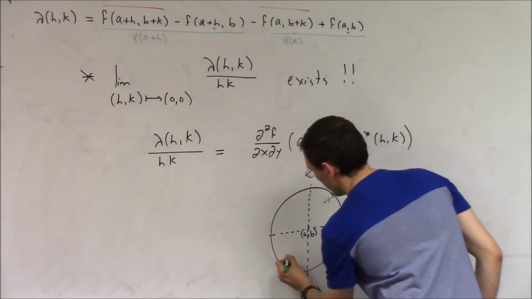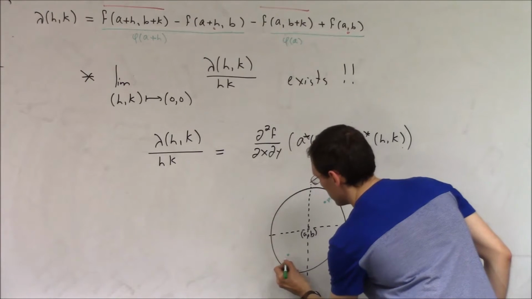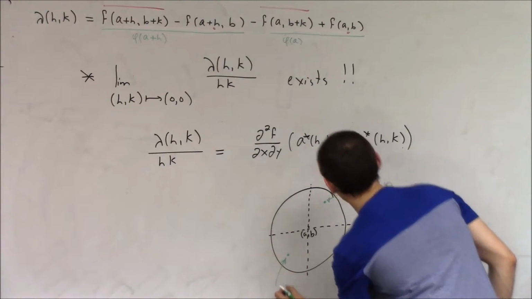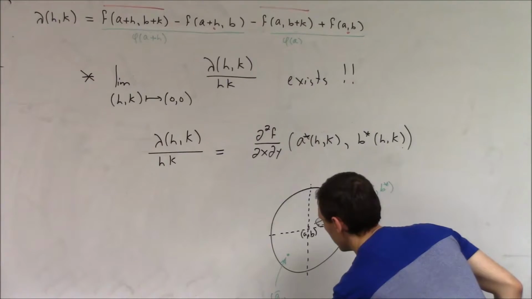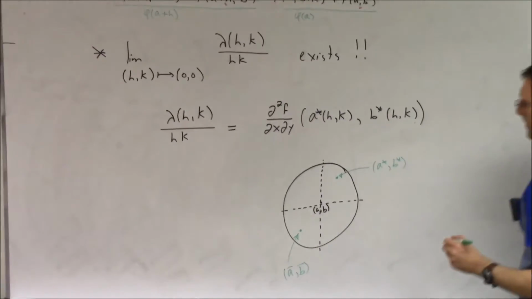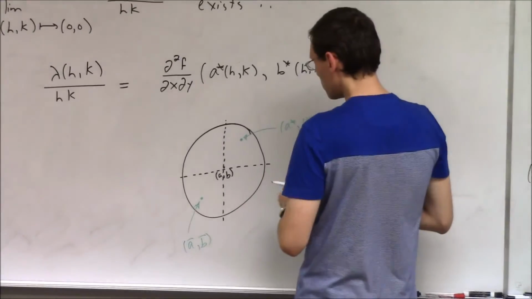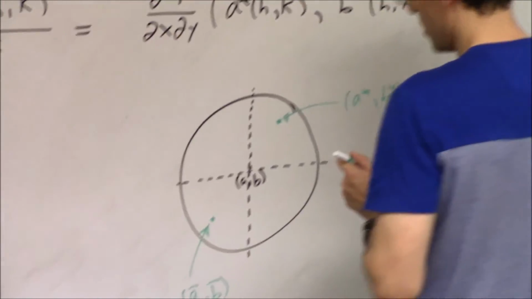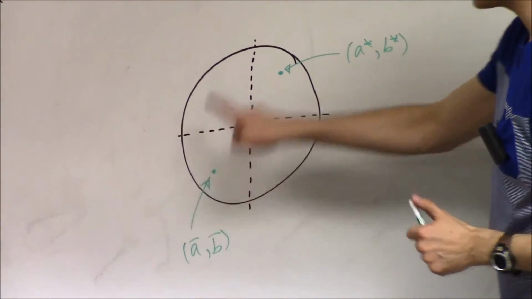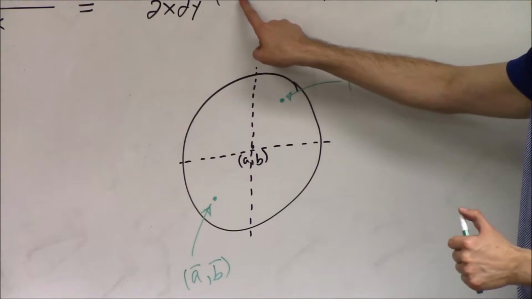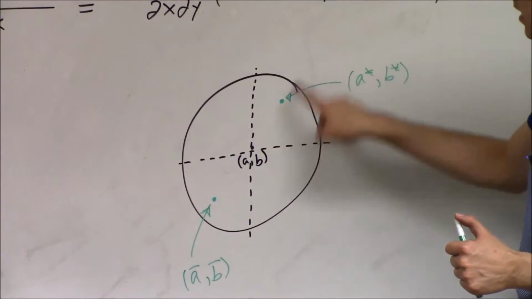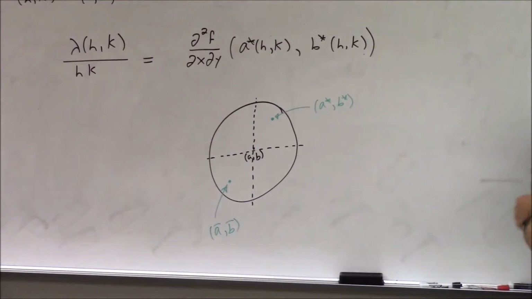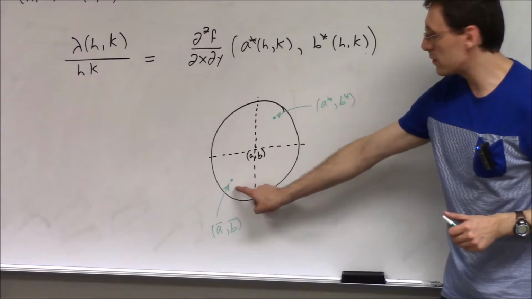And possibly some point here is your A bar, B bar. Okay? So once h and k are very small, you can be assured that A star, B star and A bar, B bar are inside of this disk.